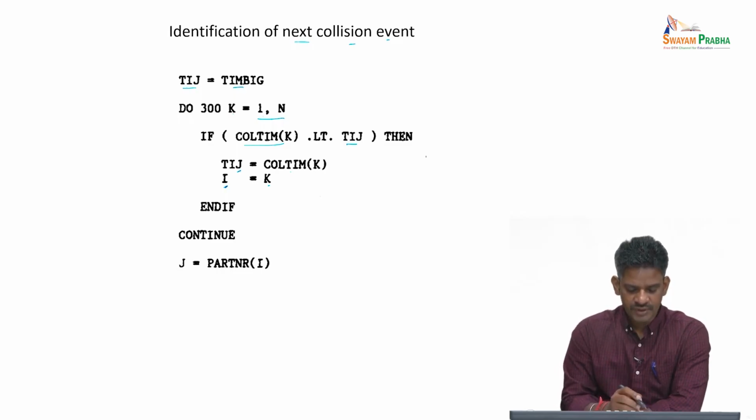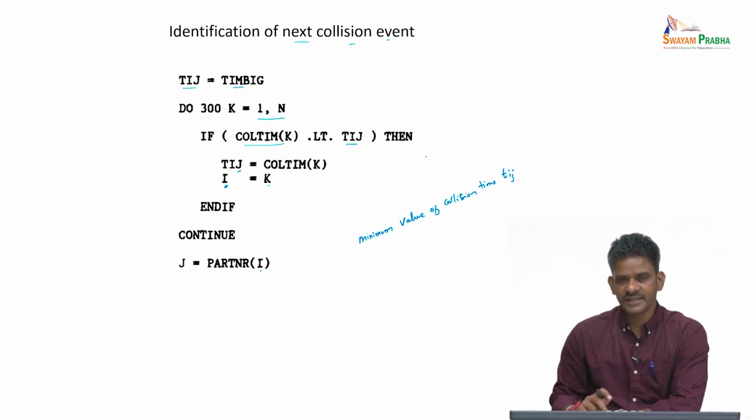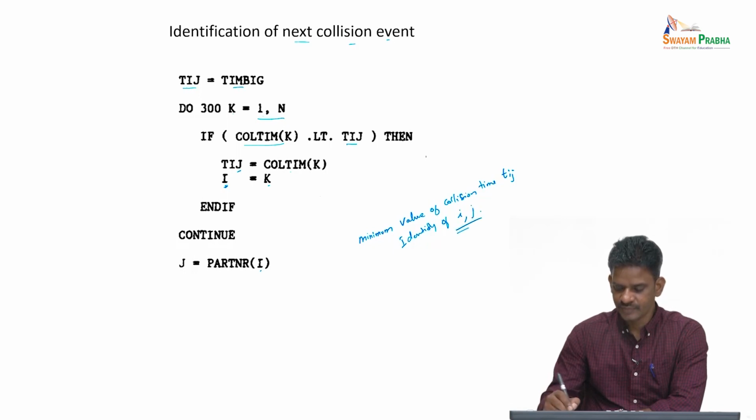Once you come out of the loop, you can find the partner of I, and that will be J. So by doing this loop, we get the minimum value of collision time in the entire set of collision times. We get the least value of Tij, and the identities of I and J are also known.